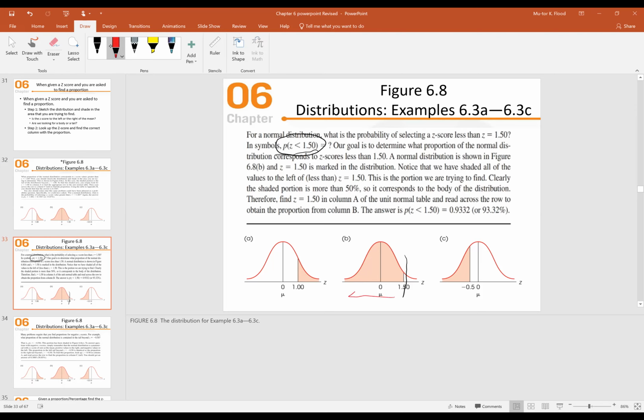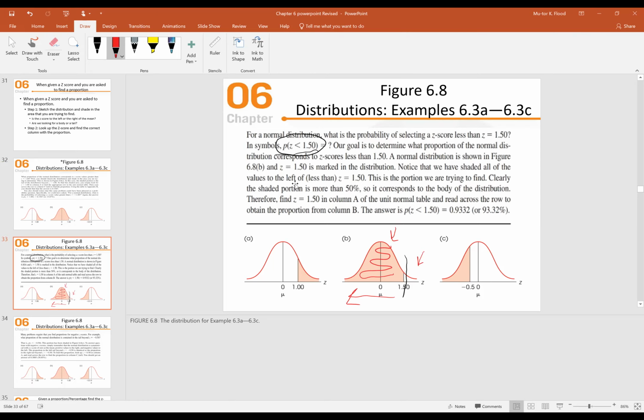So that's all of this right here. This z-score is going to make two parts. One is the body, which is this side, and one is the tail, which is this side. We are looking for a body.